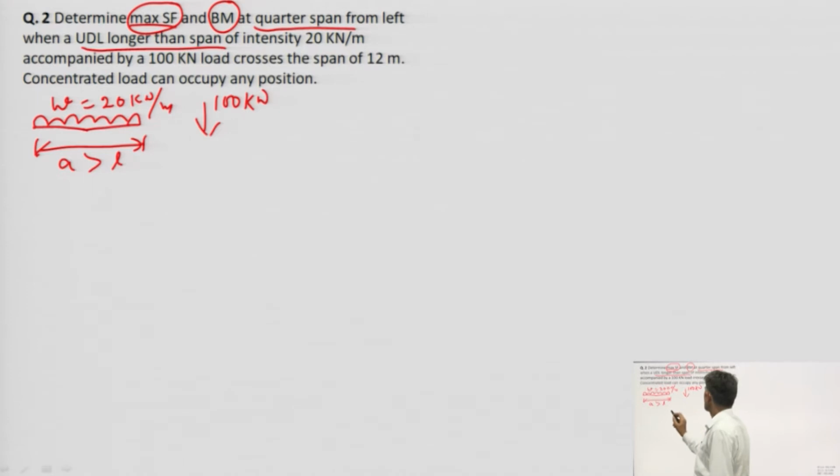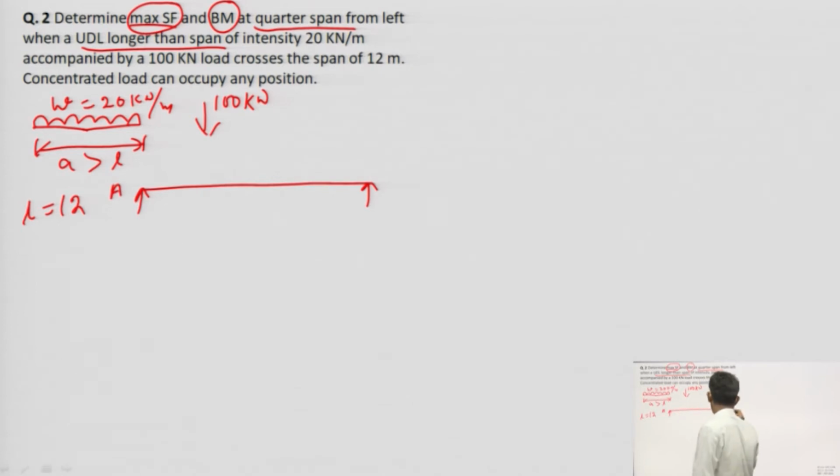The span of the beam is L equal to 12 meter.